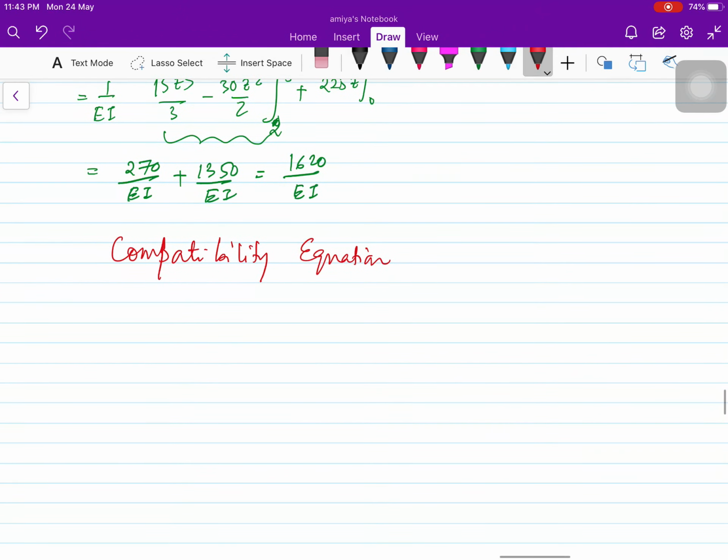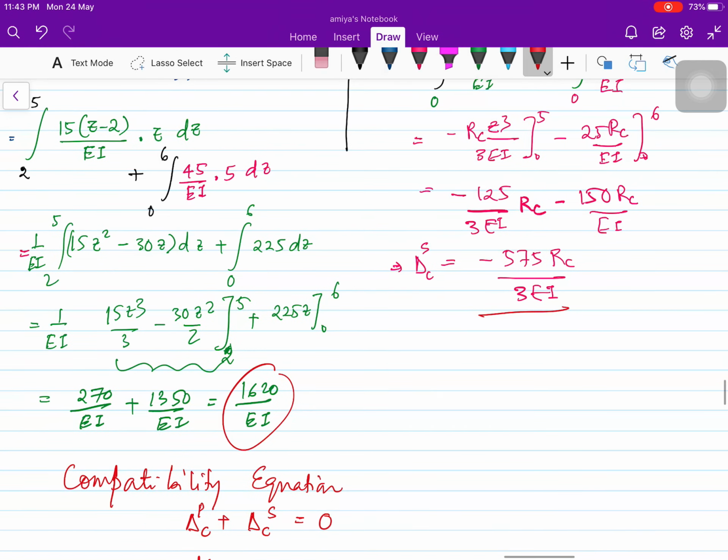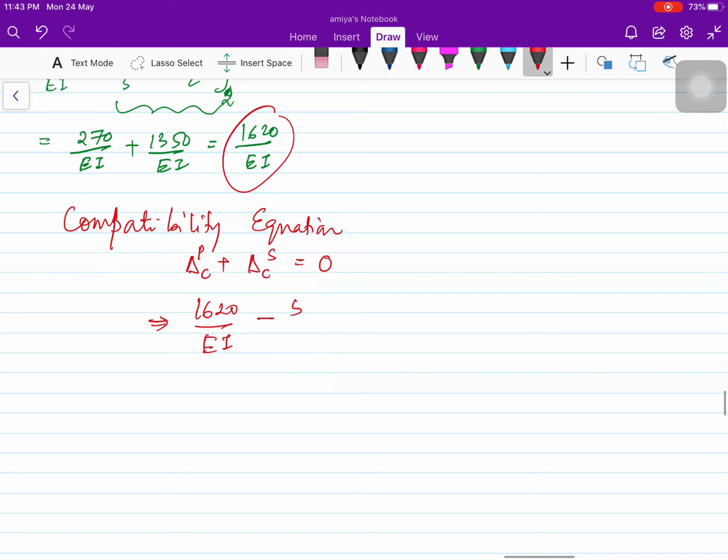So I can write that deflection at C due to primary structure plus deflection at C due to secondary structure equal to 0. So this we found 1620 by EI. Okay, and this we have calculated minus 575 RC by 3 EI. Okay, so this is equal to 0. So solving this equation, RC we have found out 8.45 kilonewton.